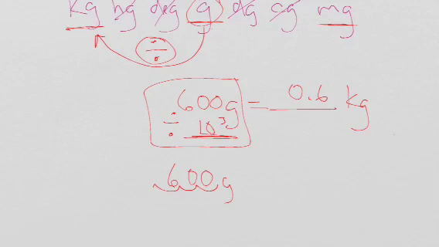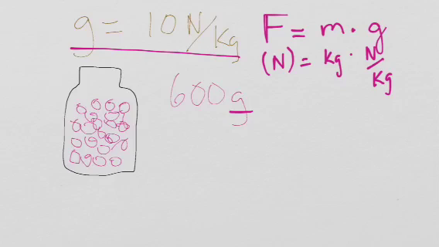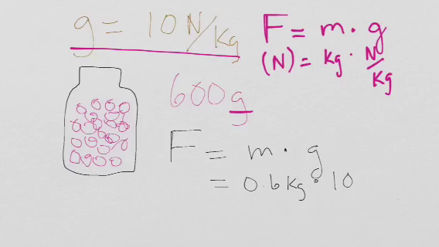Okay? So if we divide this, we go back here, and I go, force is equal to the mass of my object times gravity. What is the mass of my object? In kilograms. 0.6 kilograms. What is my coefficient of gravity? 10 newtons per kilogram.